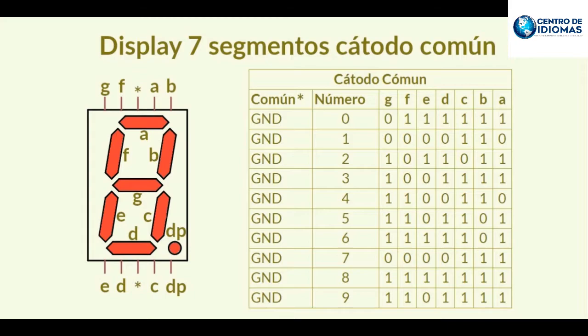The 7-segment display is an optoelectronic device that allows you to display numbers from 0 to 9. There are two types of display: common cathode and common anode. Today it is widely used in educational projects or in vintage systems.